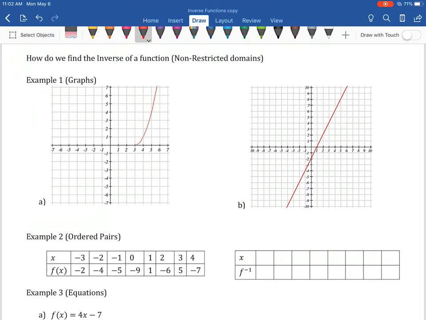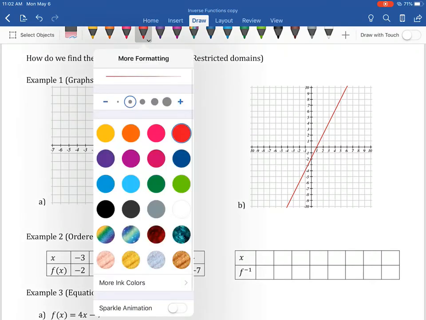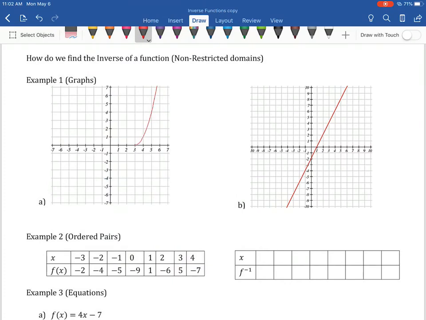If a function is presented to you in graphical representation, then the way you want to find the inverse is literally switching the x and y coordinates. So this is, I'm going to label this as graph of f. And so we're going to write down some points for f.